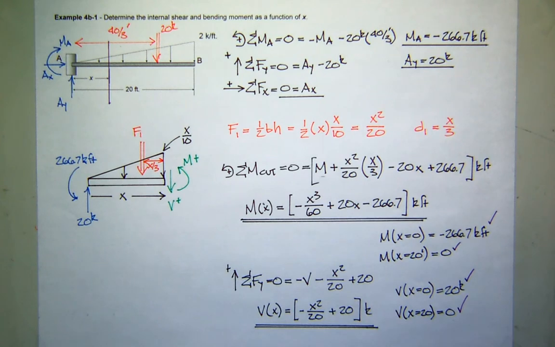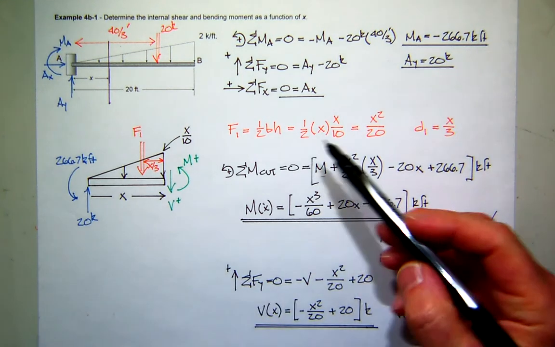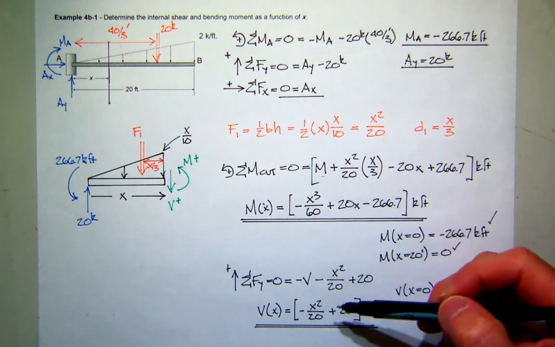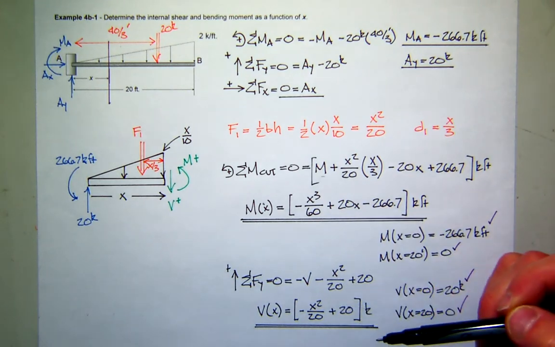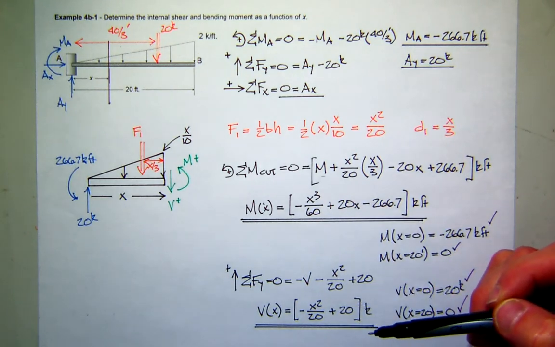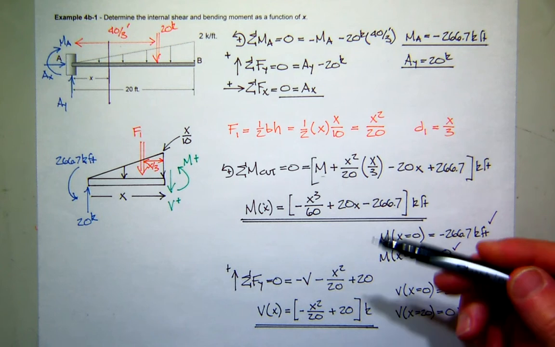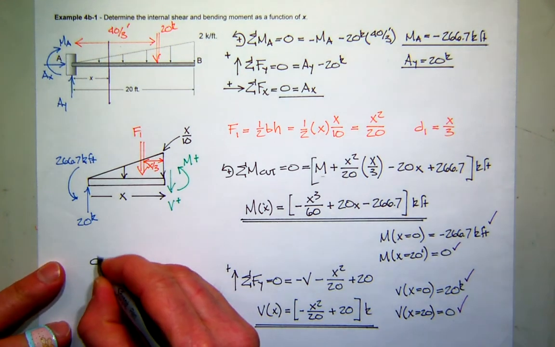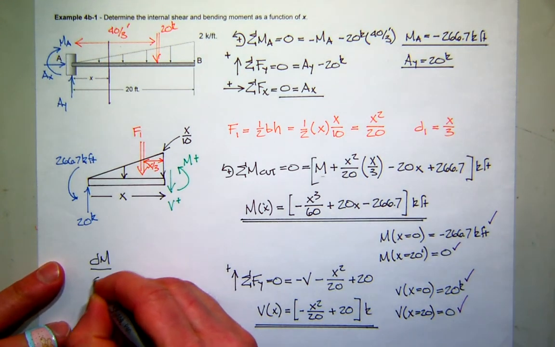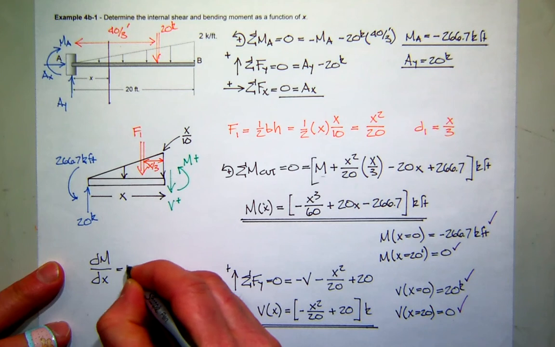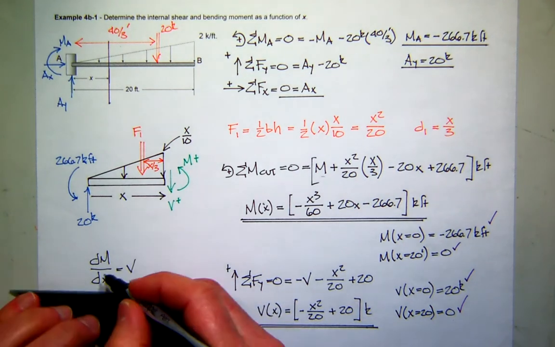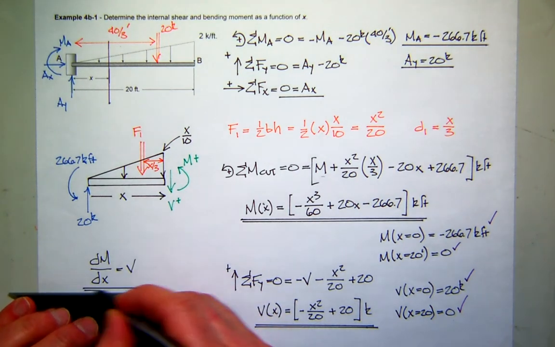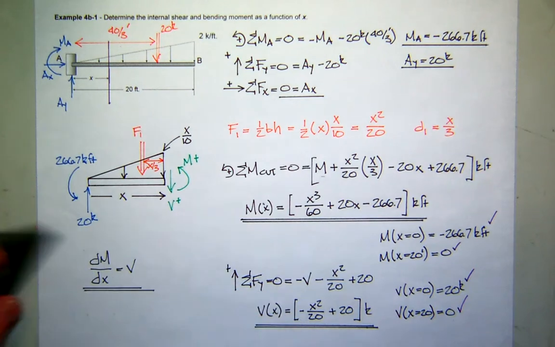Nice, huh? Now, look at the moment equation and look at the shear equation and think about calculus. Is there a relationship between the two? The shear is the derivative of the moment. All right, so it looks like the derivative of the moment with respect to x is equal to the shear. Now, we haven't proven that, but it looks like that's a relationship that right now you could probably lean on. So that's another way to check.